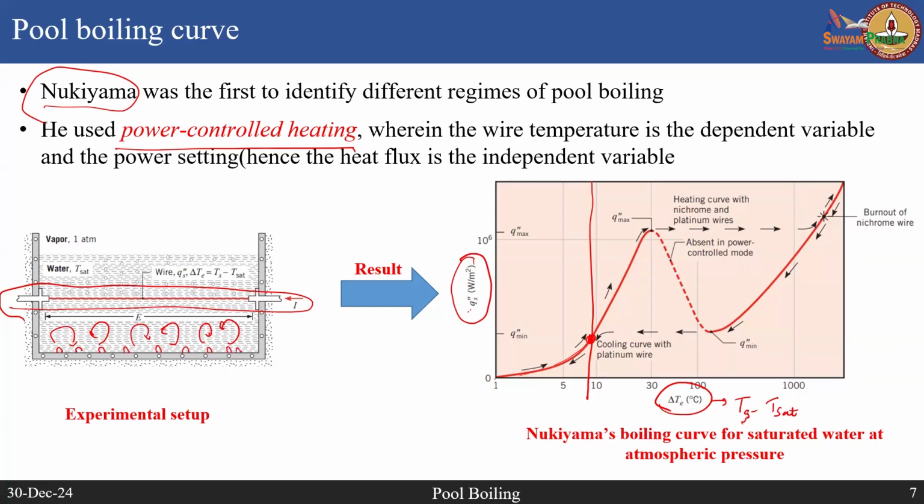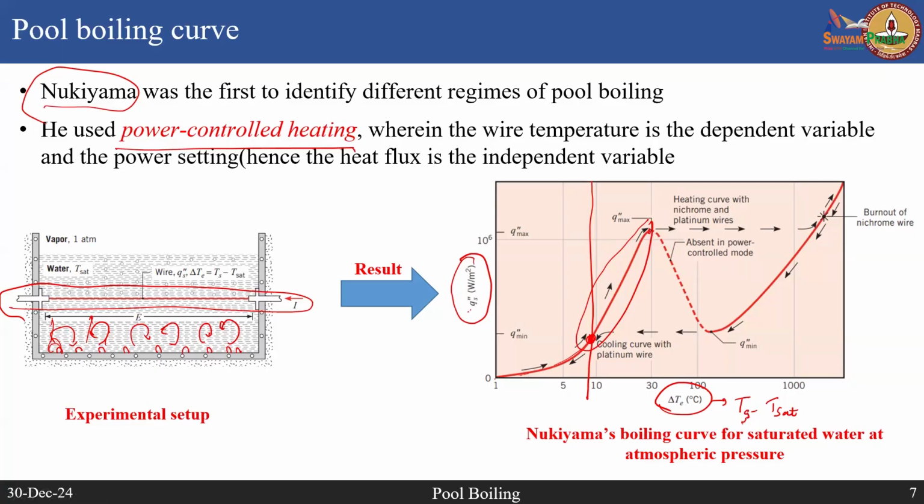As he continued to increase the power supply to the heater, you see that these vapor pockets becoming larger in size, and then slowly they are detaching and moving up due to buoyancy. You have a regime where, when you increase your heat flux continuously, your excess temperature or the surface temperature of the heater also continuously increases. And it reaches a maximum point.